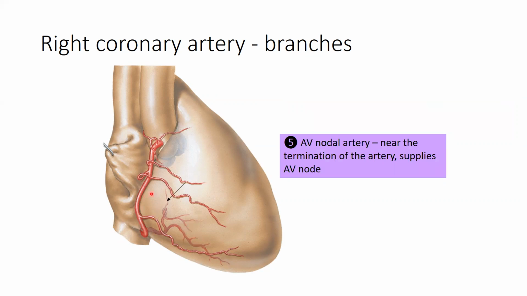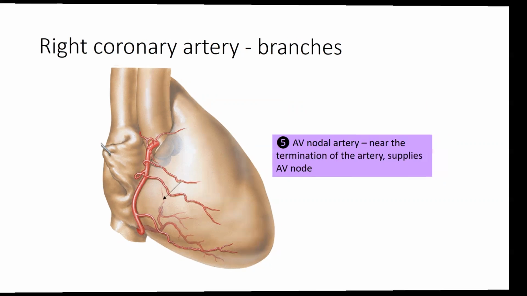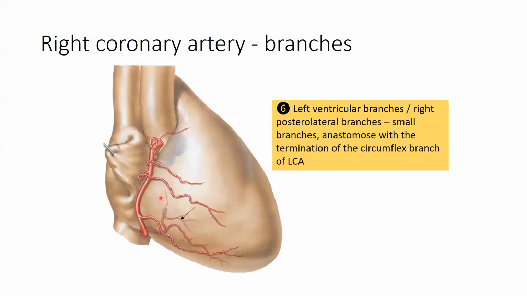The AV nodal artery near the termination of the artery supplies the AV node. And lastly, there are the left ventricular or right posterior lateral branches, small branches that anastomose with the termination of the circumflex branch of the left coronary artery.